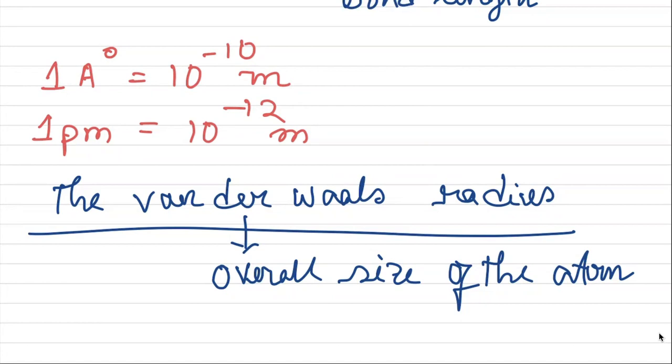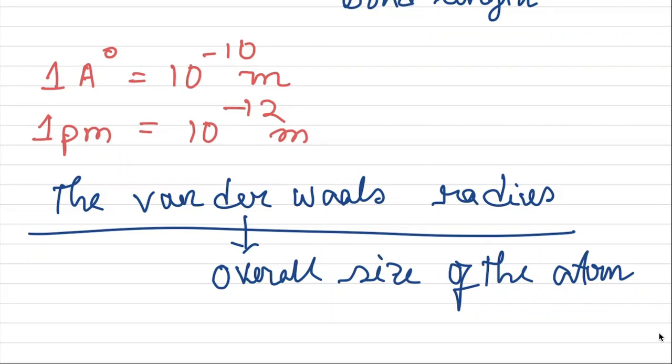So that size is expressed in terms of van der Waals radii. Covalent radii are there, and van der Waals radii are also there. So this is bond length.